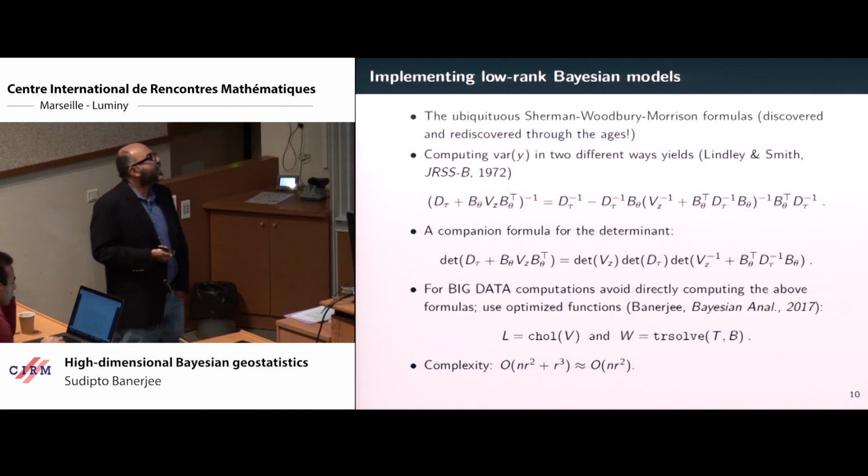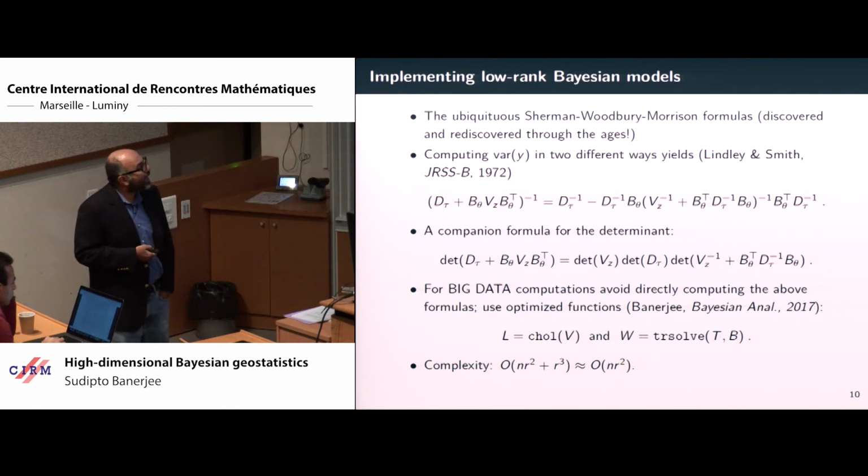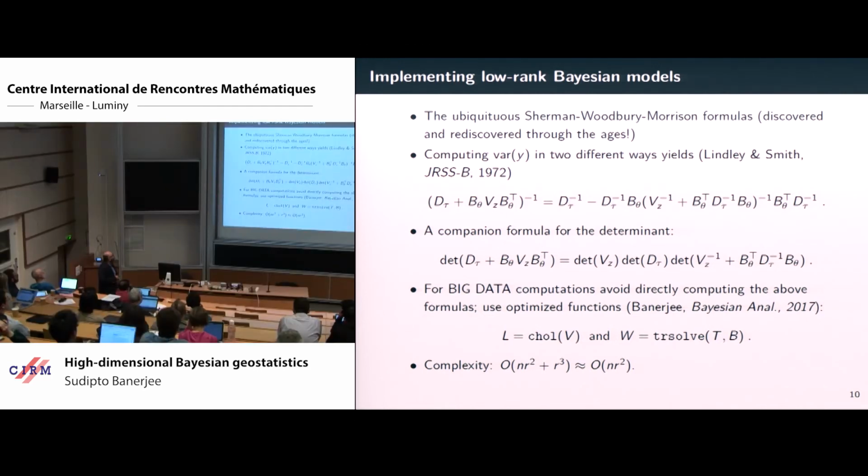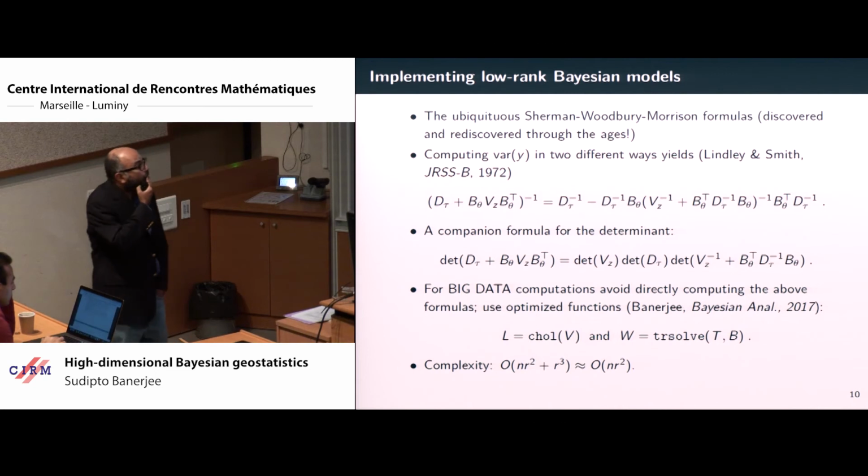So there is a way in which you can actually use these optimized functions from LAPACK and BLAS libraries, an optimized Cholesky and an optimized triangular solve, to minimize the effect of matrix multiplication by doing a little bit of algebra. And I have that described in a paper in Bayesian Analysis in 2017.